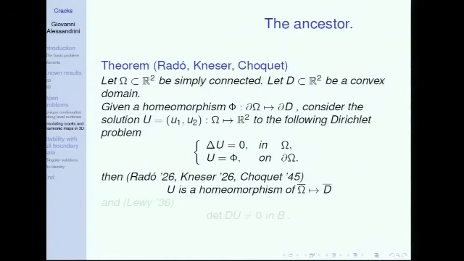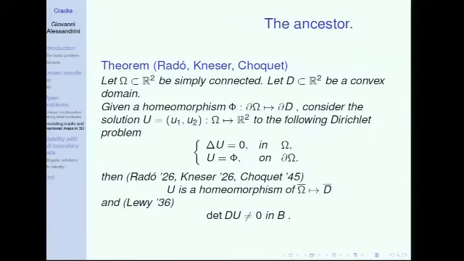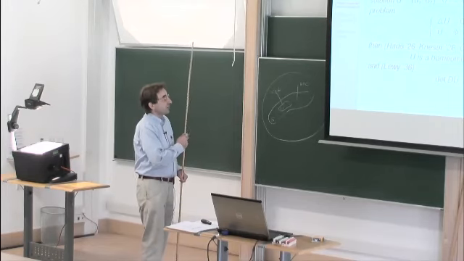And in fact, once we know that this is a homeomorphism, this is in fact a diffeomorphism, because there is a theorem of Hans Lewy which tells that if one has a harmonic map in 2D which is a homeomorphism, then in fact it is a diffeomorphism. And so one gets also this non-vanishing of the Jacobian, which is the fact that we need for the crack problem.